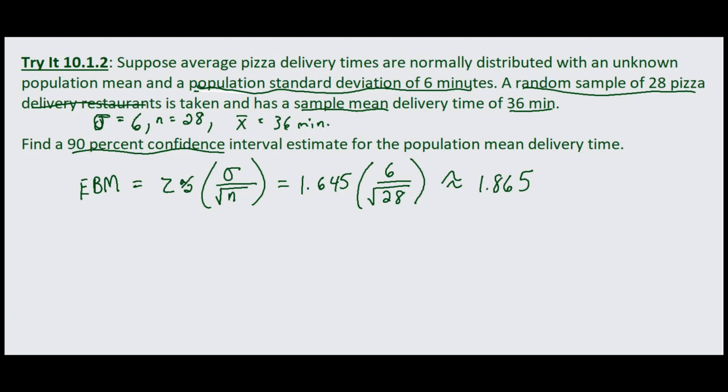Now the confidence interval is just plus or minus that margin of error from the sample mean. So our lower bound is going to be the sample mean minus the bound on error. Our upper bound is going to be the sample mean plus that margin of error.